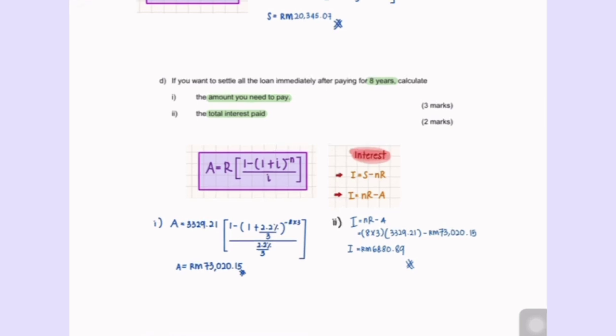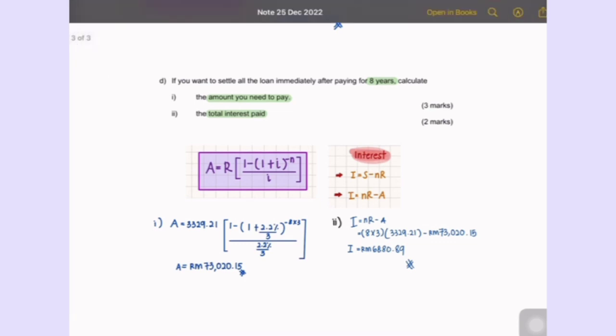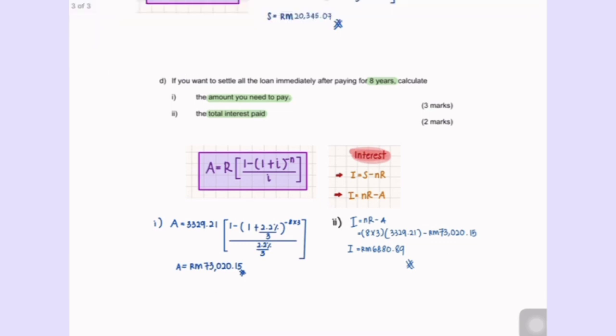For total interest paid, we will use I equal to NR minus A, since we have the amount of A here. The amount of N we take from 8 multiplied by 3, and then you multiply again by 3329.21, which is the same amount of R, and then you minus the amount of A. And then if you calculate, you will get RM 6880.89.